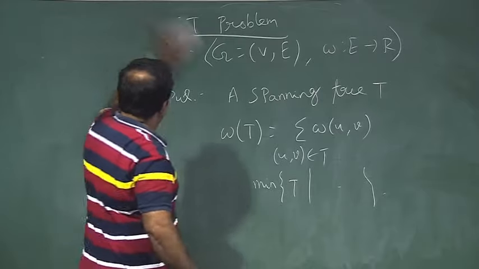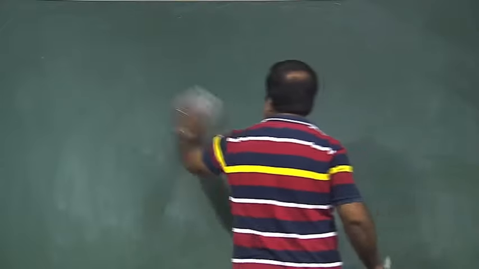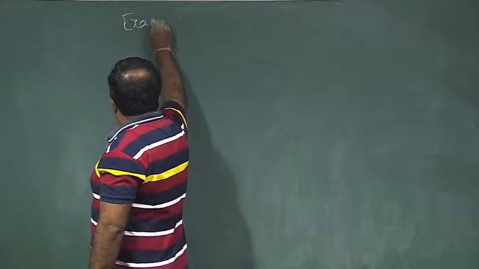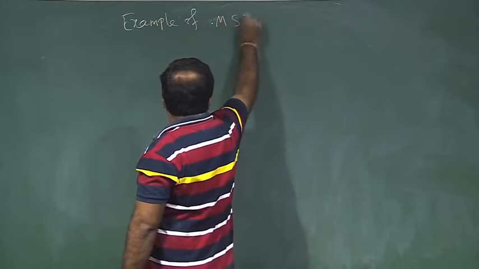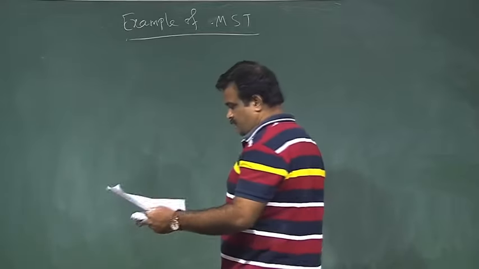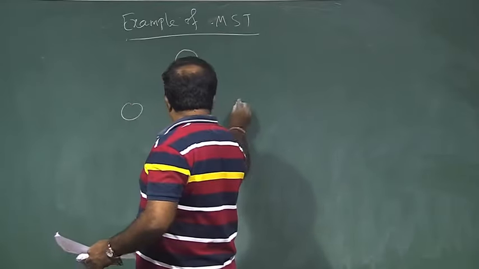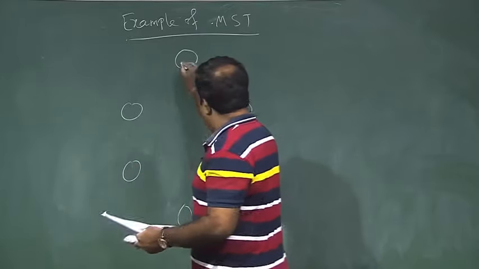So we have taken a small example, let us take a bigger example of how we can have a spanning tree of a graph. Let us take a bigger graph.